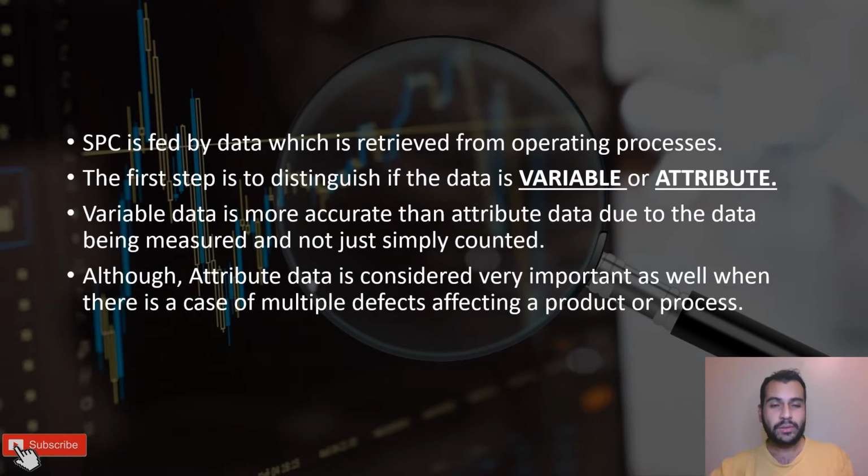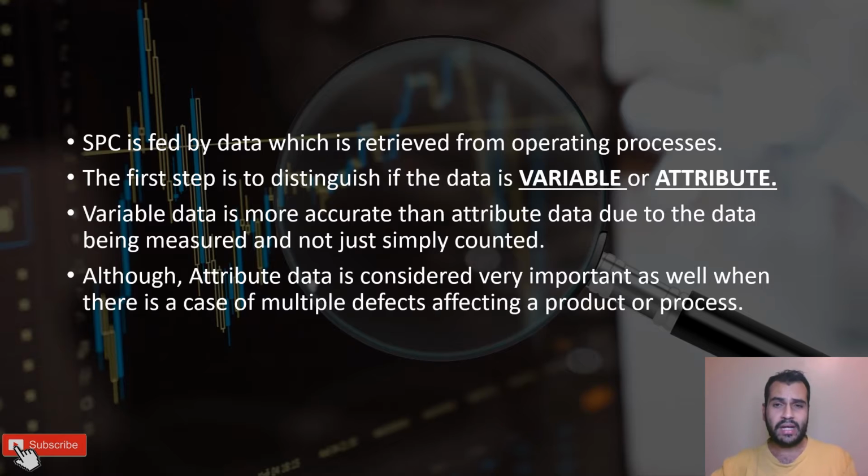As we know, statistical process control is fed by data which is retrieved from operating processes. In terms of training, Manchester United uses different training methods for all their players. They have the strikers, the defenders, the midfielders. Obviously, there are different ways to collect data from the players in terms of fitness.